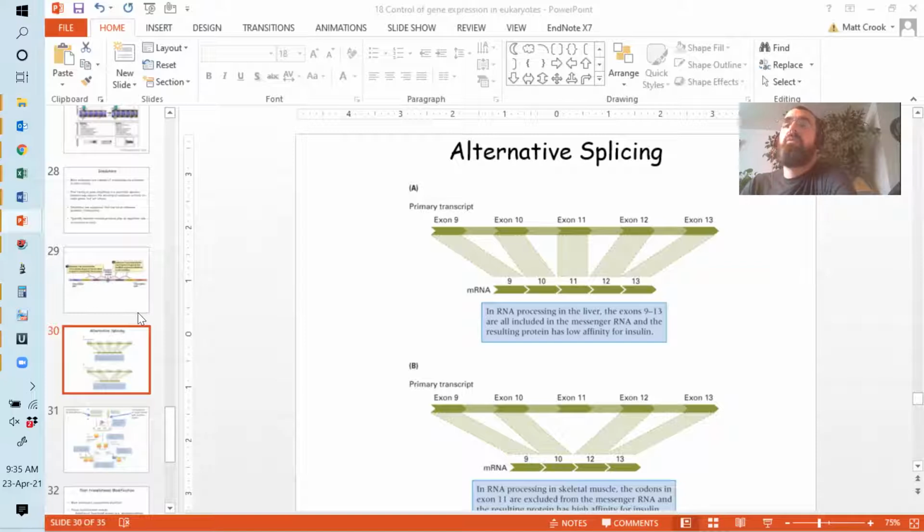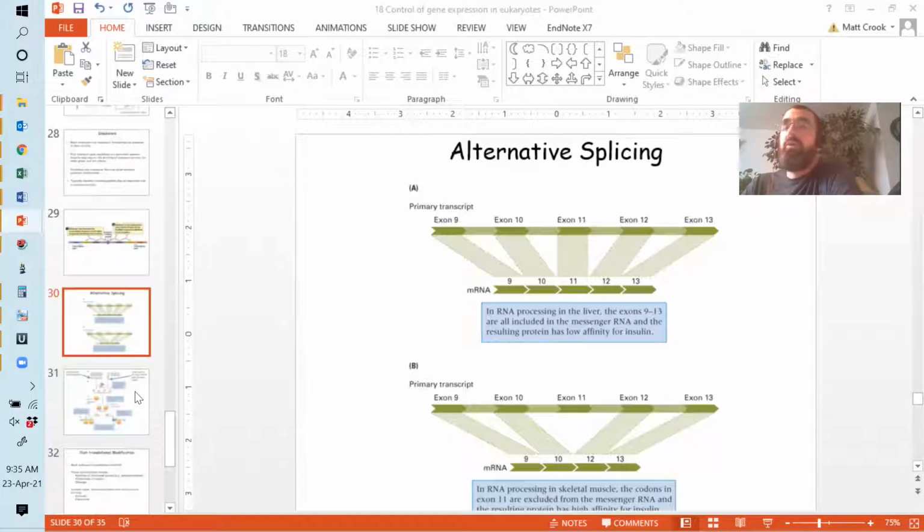So say you only want this protein produced for a very specific window of time in development, let's say, or in response to a very specific condition. After that condition has passed or that time has elapsed, you want to get rid of that transcript because you don't want that protein being produced anymore.